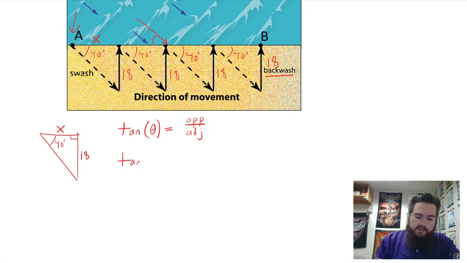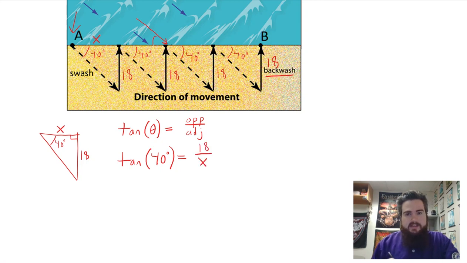Therefore, I would write this as tangent of 40 degrees is equal to the opposite of 18 divided by the adjacent of x. To solve for x, we would multiply both sides by x, and then divide both sides by tangent of 40 degrees, which results in x equals 18 divided by tangent of 40 degrees.